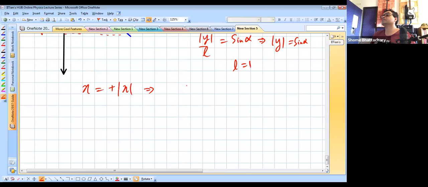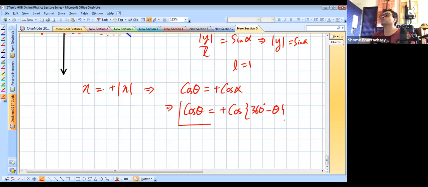That means x, which is cos theta, will become a positive of cos alpha. So we have the formula that cos theta is plus cos of 360 minus theta. This becomes the cos formula for the fourth quadrant. Similarly, y is a negative quantity, so it's minus of mod y.